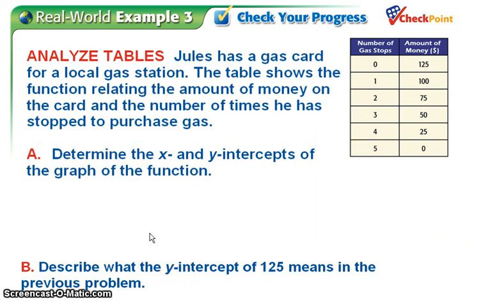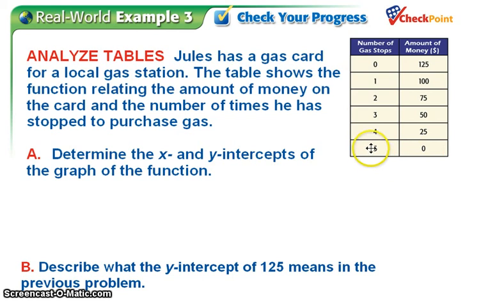Okay, Jules has a gas card for a local gas station. The table shows the function relating the amount of money on the card and the number of times he has stopped to purchase gas. Determine the x and y intercepts of the graph of the function. Well, we don't have a graph, but we do have this chart. If this is your x and this is your y, your x-intercept is when y is 0.